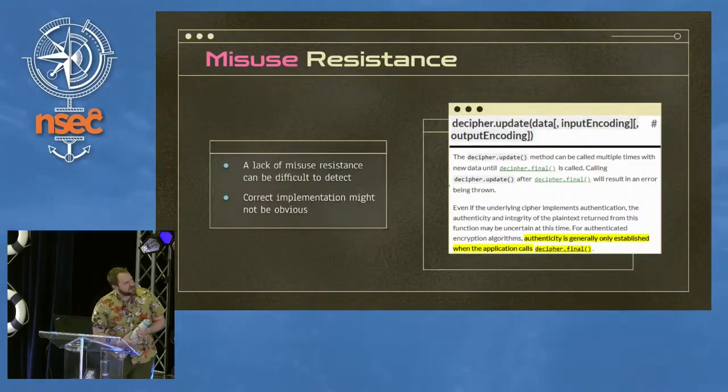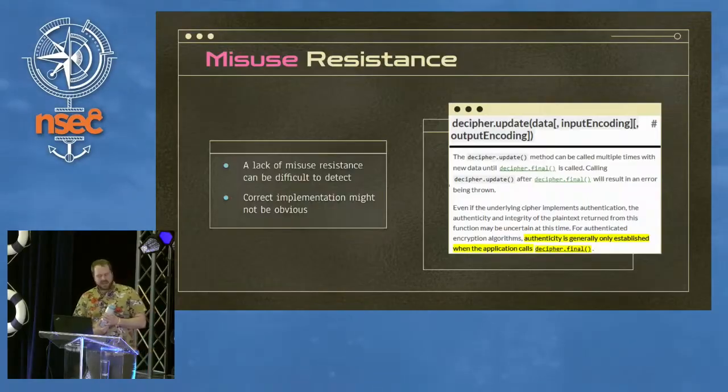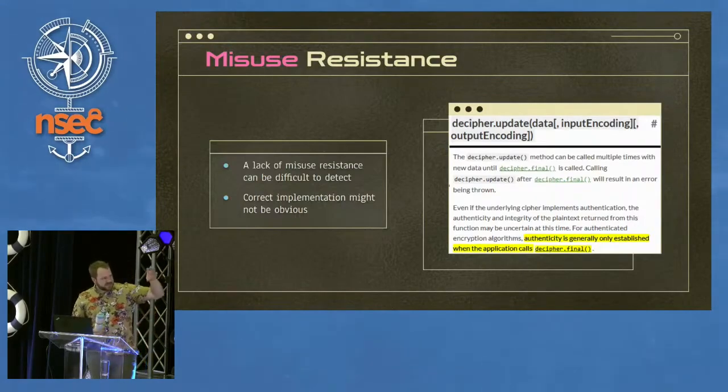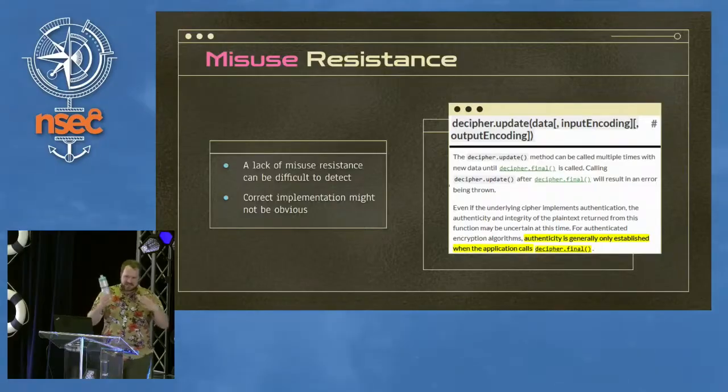It's easy sometimes when you're in the code to know that. To give an example of something else that might be misused, this is Node.js, but I think there are other places that do the same thing. The authenticity is checked when you do cipher.final. So if you don't do cipher.final, the cipher.update decrypts the data and sets it to a variable.